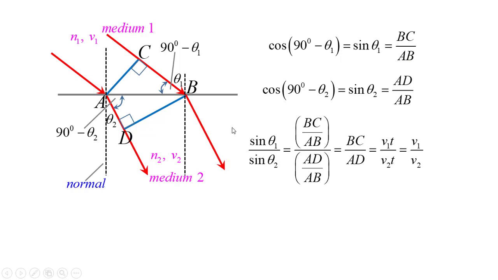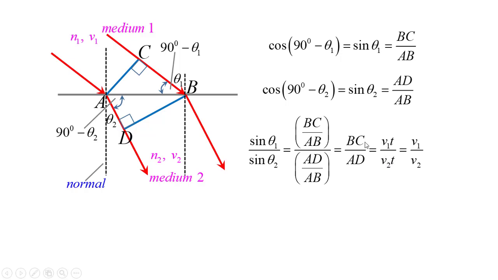And I have told you that this distance BC is traveled during the same time as this AD, but they are in different media. AD is traveled inside of medium 2, while BC is traveled inside of medium 1. They will have different speeds, v1 and v2. But both of them happened during the same time interval.